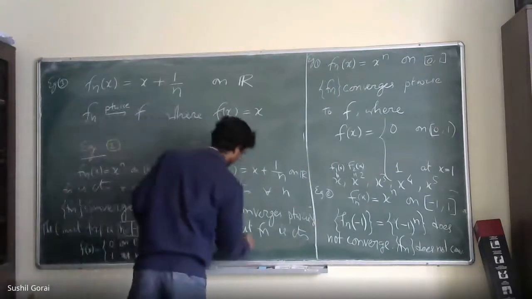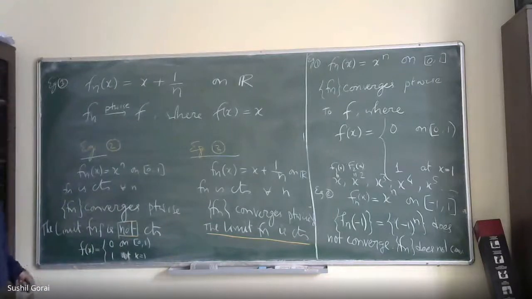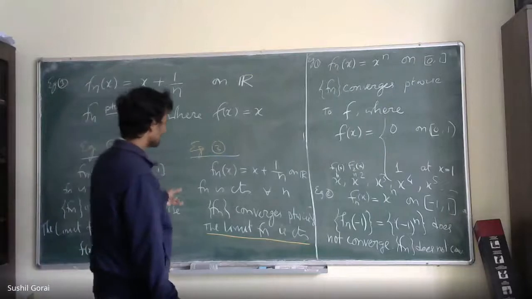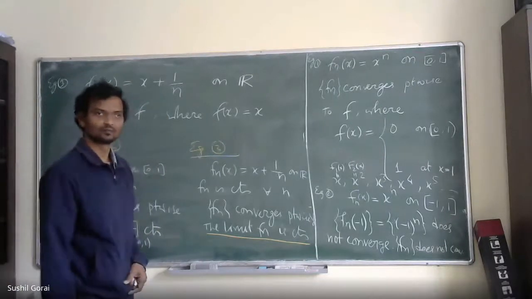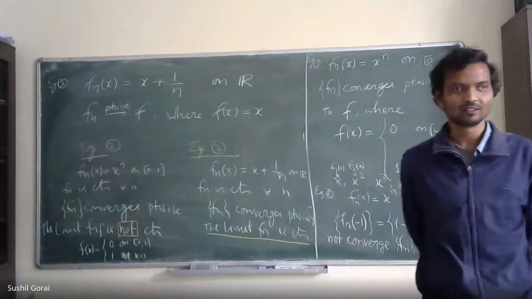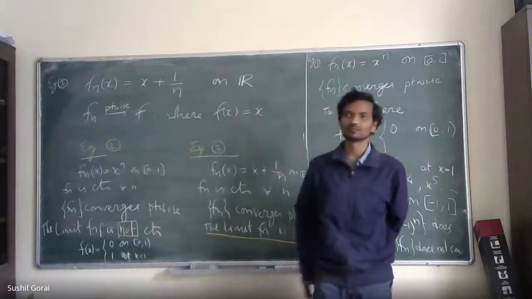So this is a difference. Continuity is not preserved under pointwise convergence. All right? Is it clear? For some functions the limit may be continuous, for some functions it may not be continuous.